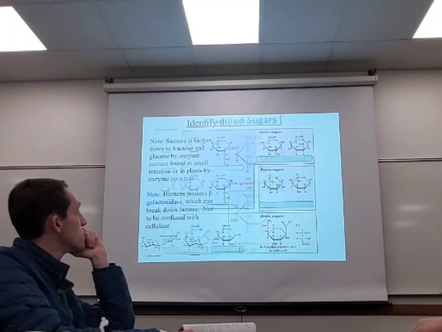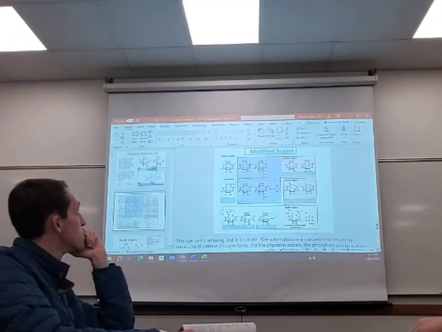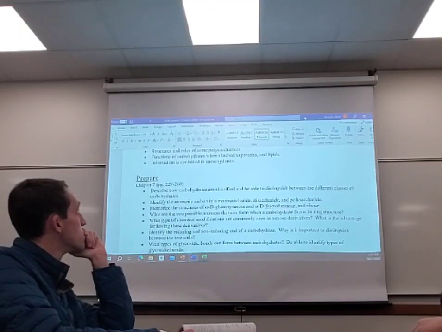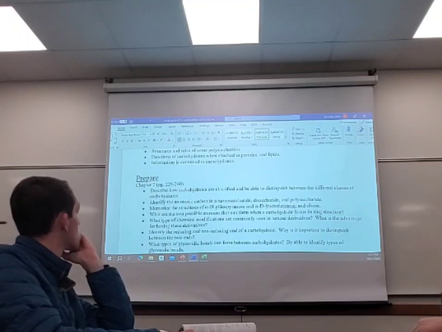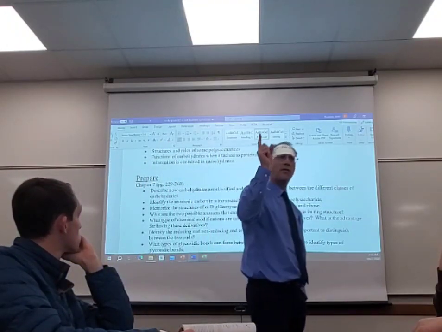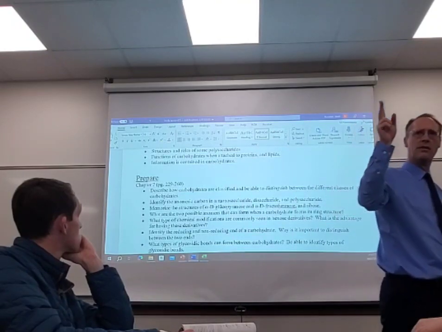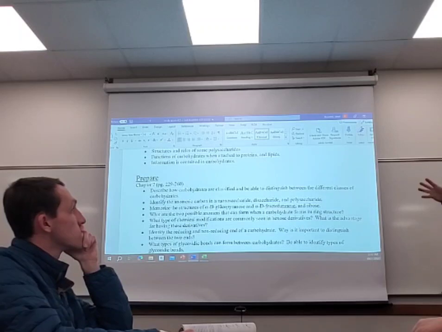All right. These were the modifications we talked about. So let's review really quick. What are we trying to do here? Describe how carbohydrates are classified and be able to distinguish between different classes. Now, this is a big field. There's a lot there. So far, you've talked about aldoses and ketoses, trioses, and ones with 4, ones with 5, ones with 6.